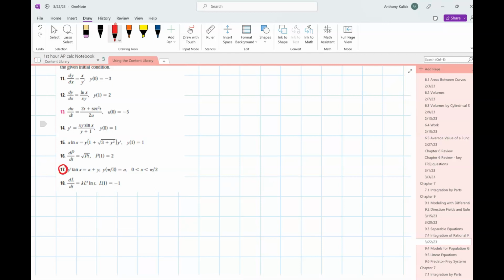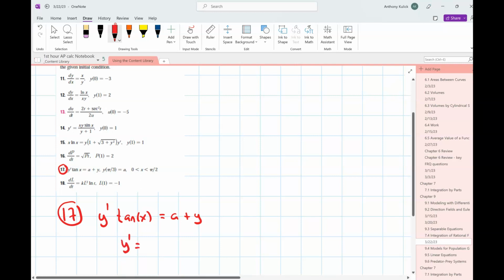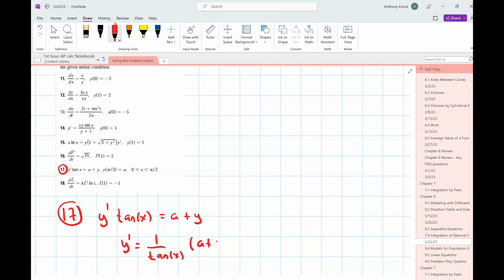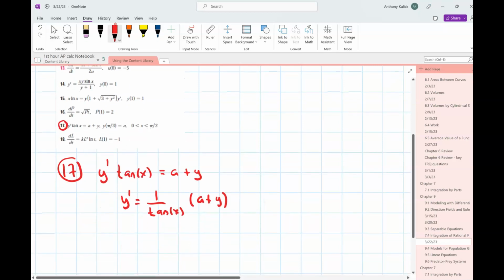So we're looking at 17. I would start by dividing both sides by tan x. And then we'll divide both sides by a plus y.